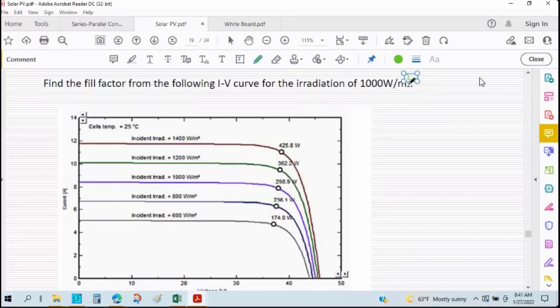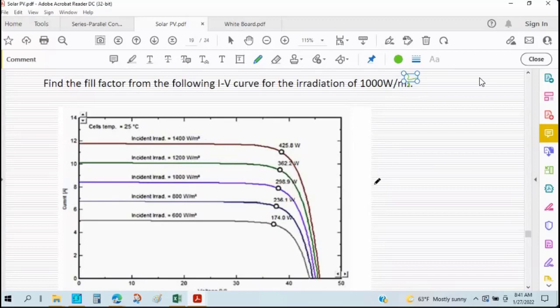We have a couple of graphs here, a couple of curves for different irradiation from 600 watt per meter square to 1400 watt per meter square.